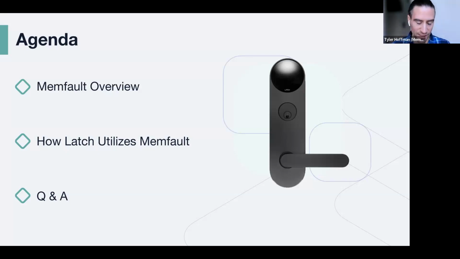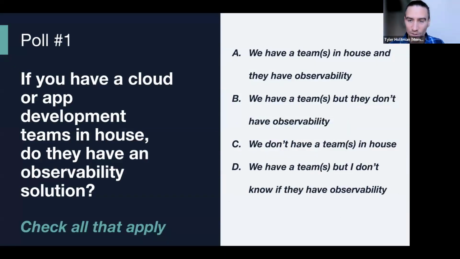So first things first, this sets the stage for how we talk during the webinar, what we focus on, and honestly, just generally curious. And so we have a poll. The main question I have is, for those at your company that are not building firmware, these are app developers or cloud developers, do they have an observability solution in-house?